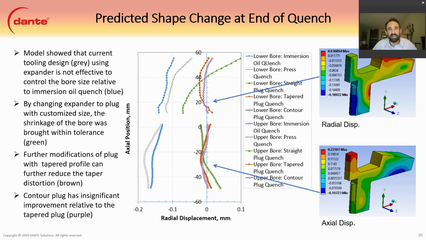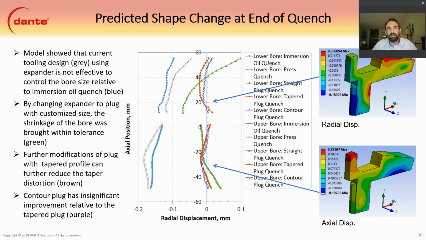And you can see that on the spline, the tooling actually made the distortion worse. The upper part of the bore, it made it slightly better, but nowhere near as good as it should be for the amount of effort and money that goes into creating the tooling for the press quench.